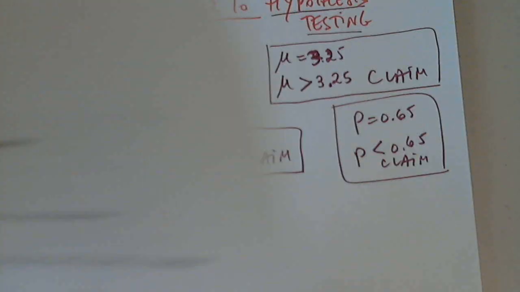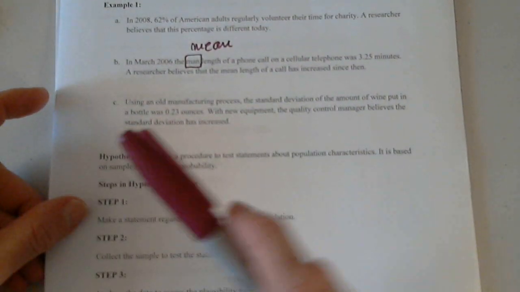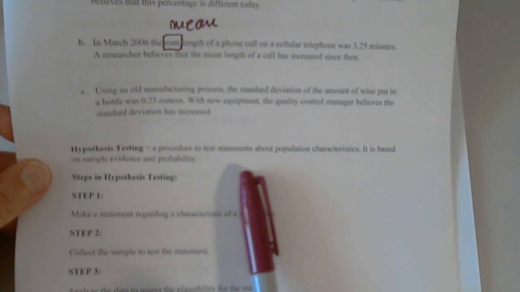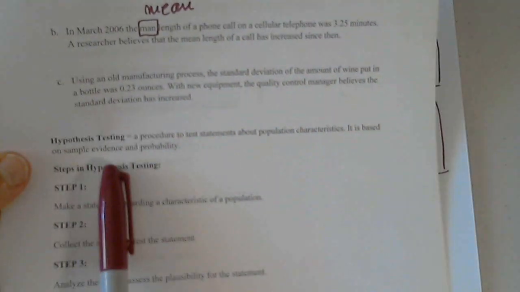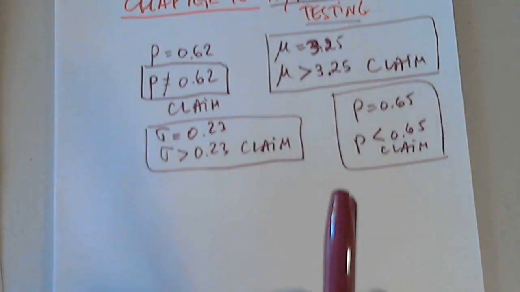Okay, moving on. Hypothesis testing is a procedure to test statements about population characteristics. It is based on sample evidence and probability. This is extremely important.